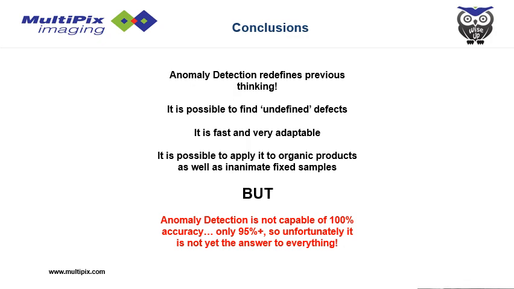But there's a big but, and this is probably the key to whether it's the right algorithm for you or not. The but is that it's just not capable of very high accuracy. There's no way we could say that it would be 100% accurate. So we're looking in the 90s generally, and so unfortunately for many applications it's not quite the answer, but it could be the answer if used in combination with other algorithms.